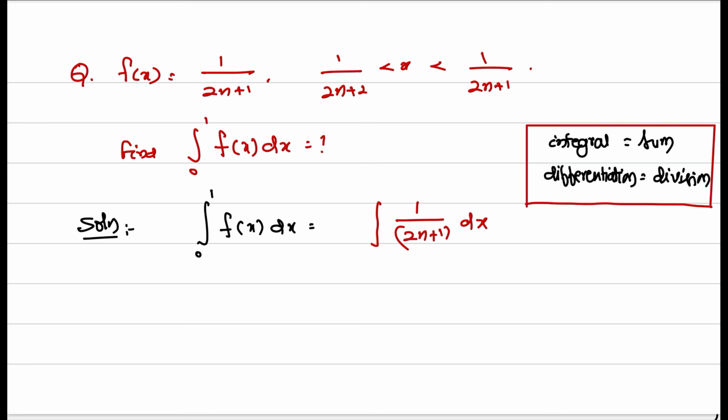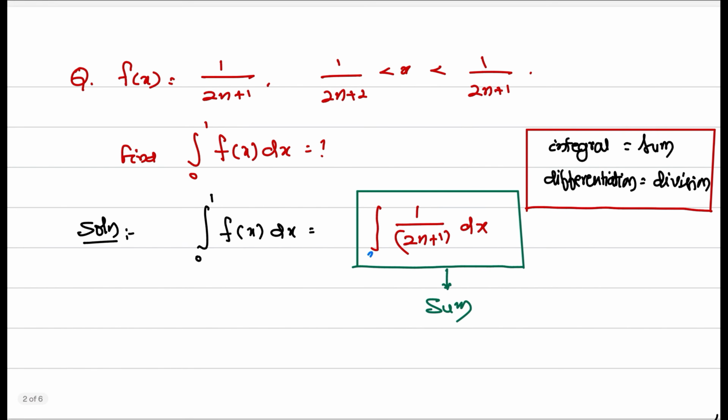Here, what I am required to find? Please try to understand the concept clearly. What I am required to find is a sum. That is the first concept.